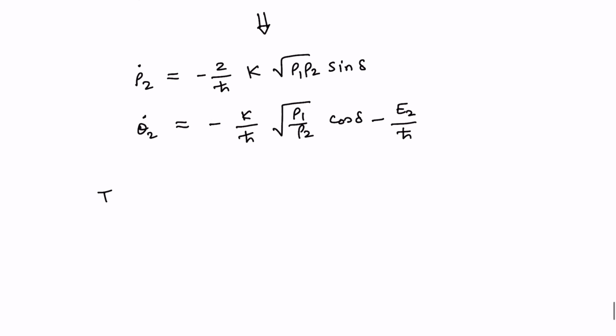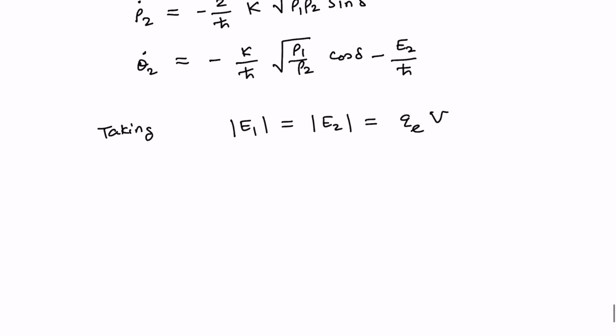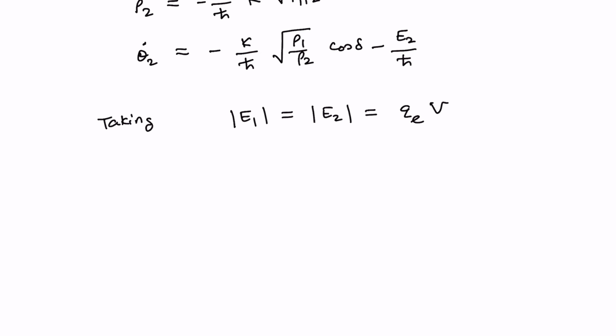Now, if I take E1 equal to E2 equal to the charge of the electron times the voltage, then I can rewrite all these equations in this form.